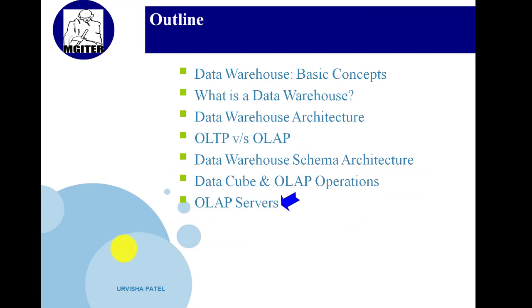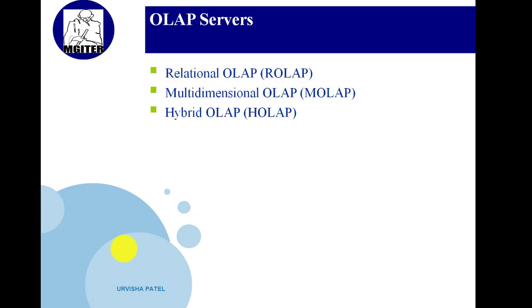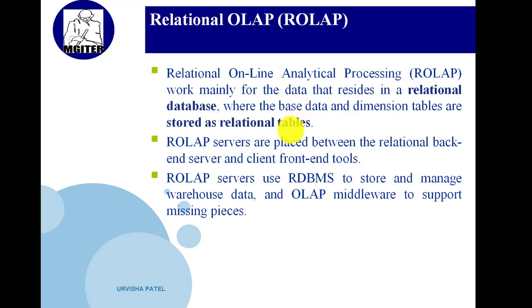We have already seen OLAP servers in data warehouse multi-tier architecture. Mainly three types of servers are available: relational OLAP, ROLAP, multidimensional OLAP, MOLAP, and hybrid OLAP, HOLAP. Relational OLAP servers are the intermediate servers that stand in between a relational backend server and client front-end tools.